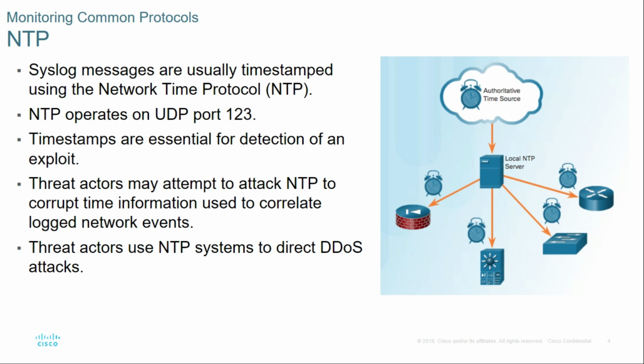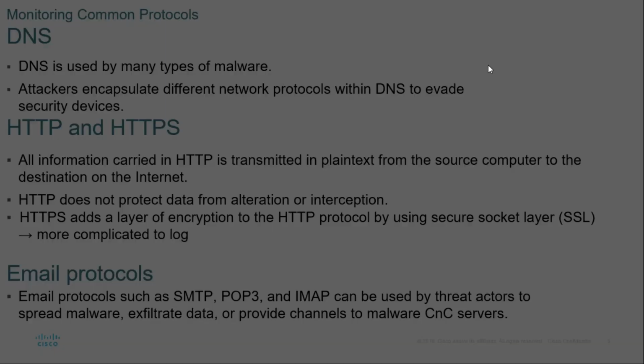Time corruption is due to a lag in network events. Threat actors use NTP systems to direct distributed denial of service attacks. As you see in this diagram, local NTP servers and authenticated time sources make up the NTP monitoring diagram.